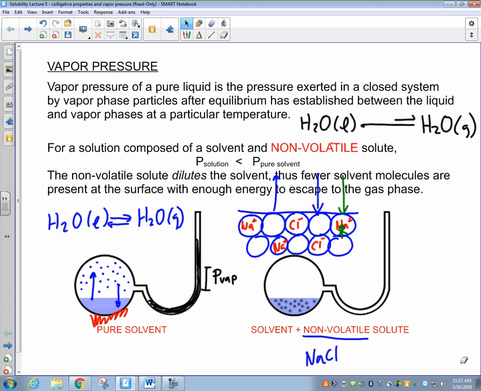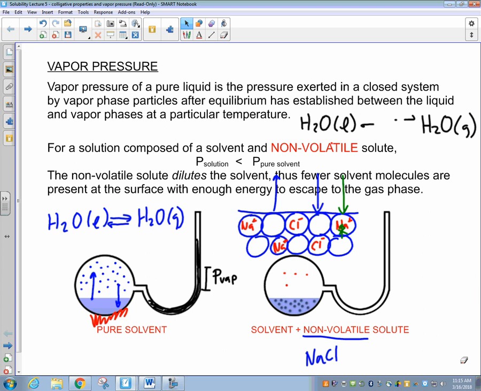Therefore, we should expect to see a net shift in equilibrium to the left. Upon shifting this equilibrium to the left, fewer molecules should exist in the gas phase when the system has established equilibrium. Our rates of evaporation and condensation will reestablish themselves as equal, just now at a slower overall rate in both the forward and reverse directions.